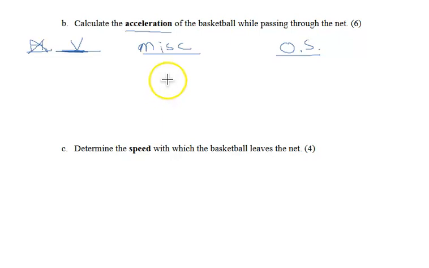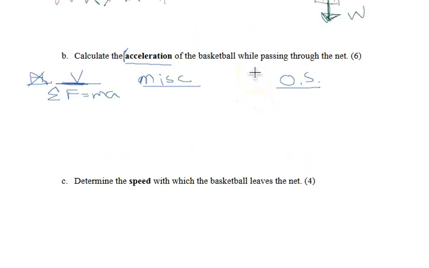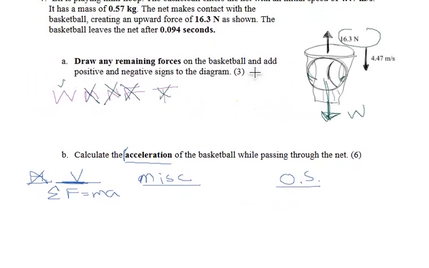And it wasn't obvious to me yet which column we were going to use, because acceleration could come from F equals ma, or it could come from old school. So let's go back and see what we know.